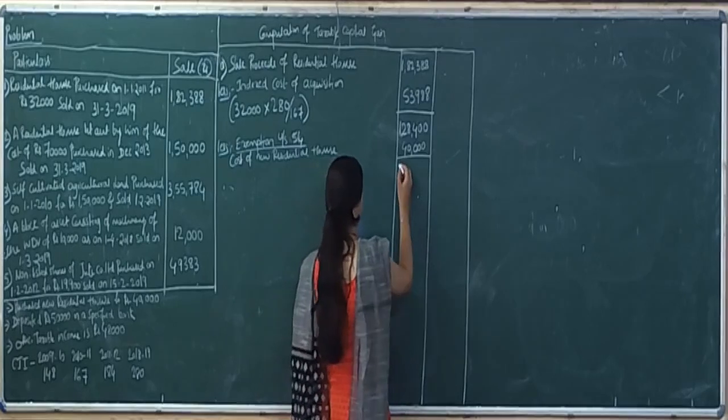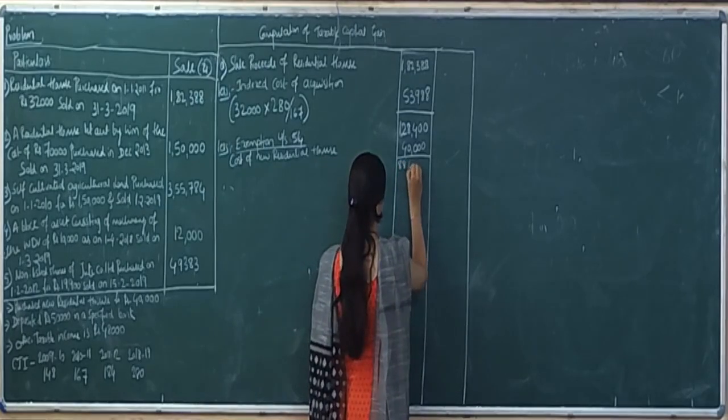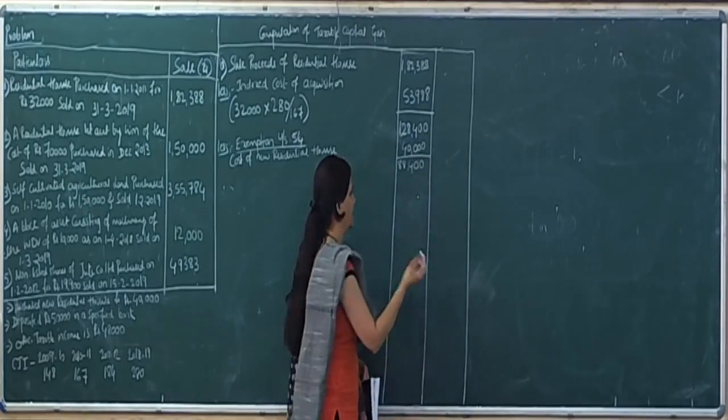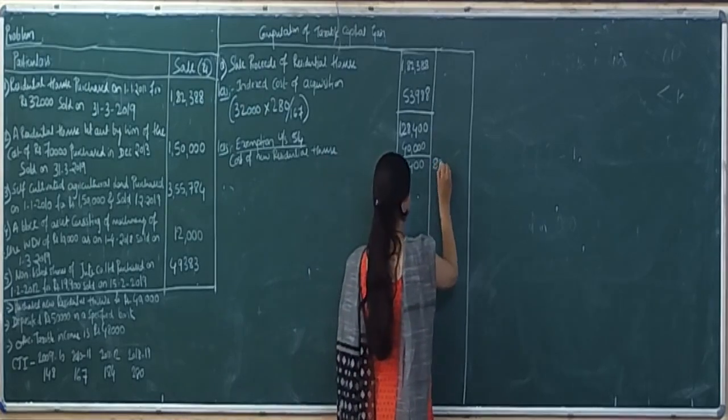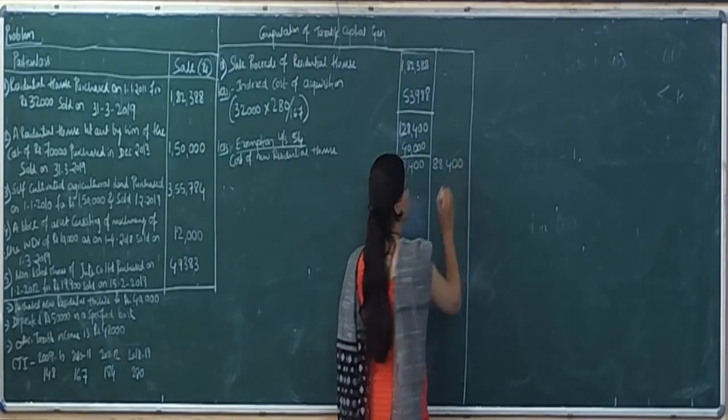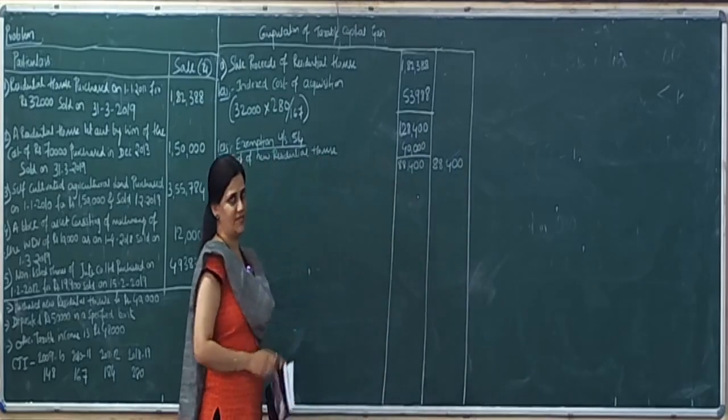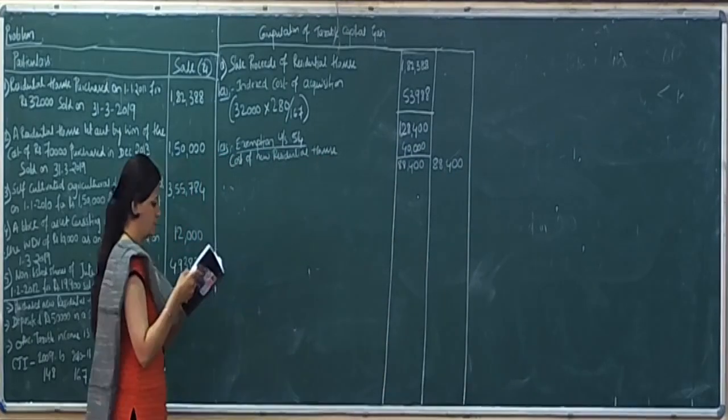So the total value we will get is 88,400. The same thing we can write here for the capital asset, that is residential house.